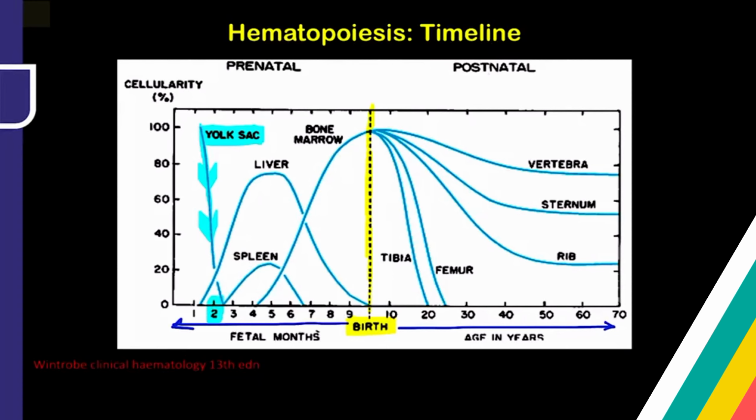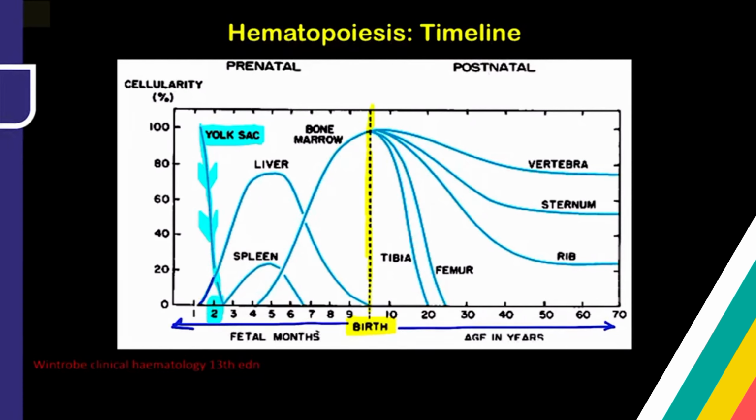By the time the yolk sac activity is decreasing, the hematopoietic activity at the level of the liver is rising to a very high level. Similarly, the hematopoietic activity of the spleen is also rising, and the lymph node hematopoietic activity will also rise. But you look at the liver and spleen, they maintain their hematopoiesis up to 4 to 5 months maximally.